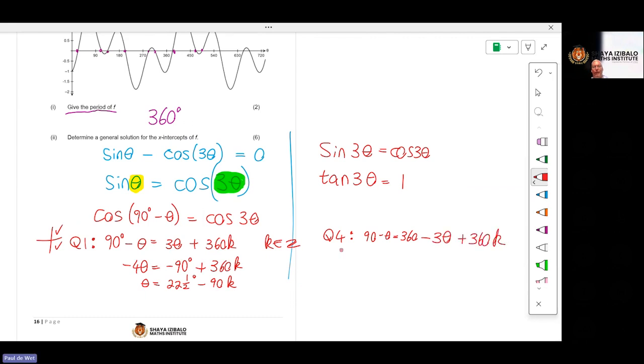K, the element of the integers. I'm not going to write it again. That's fine. So we have to subtract the 3 theta from both sides. Well then, that gives us 2 theta here. We have to subtract 90 from both sides. Well done. And you divide by 2.